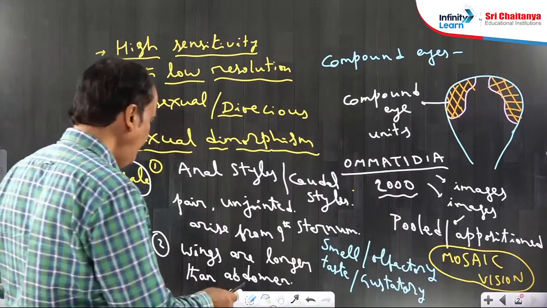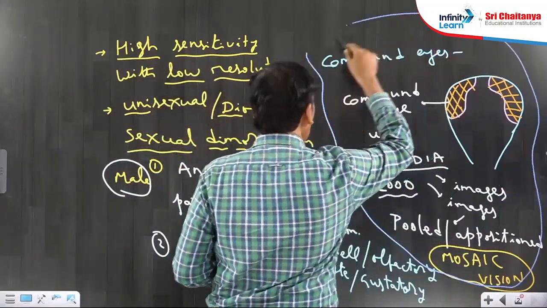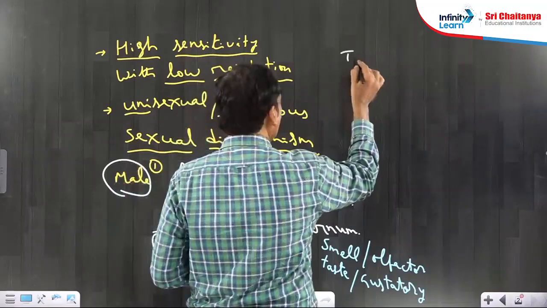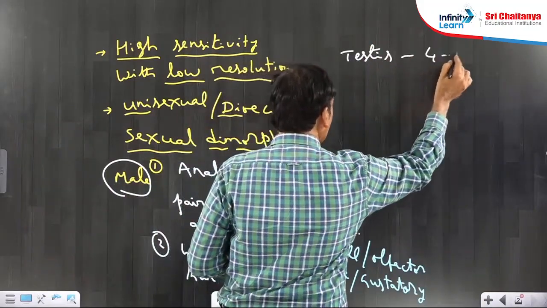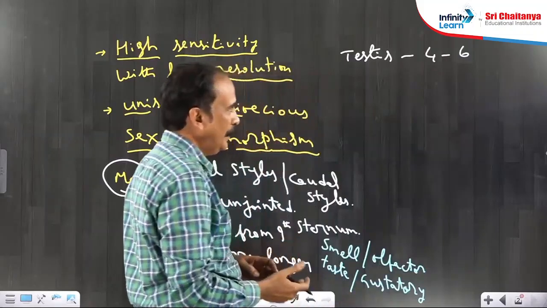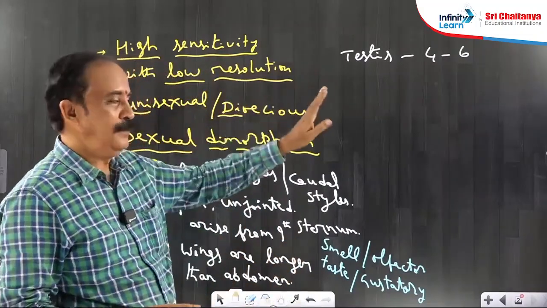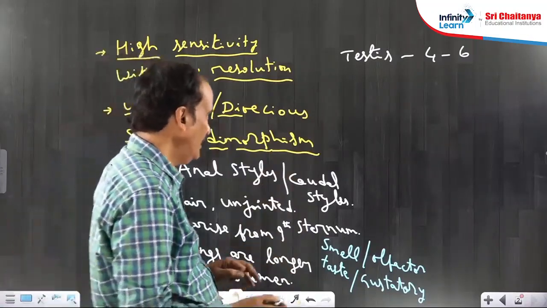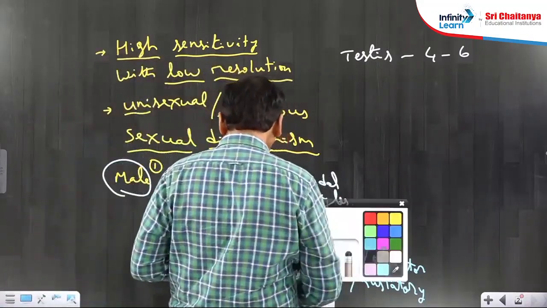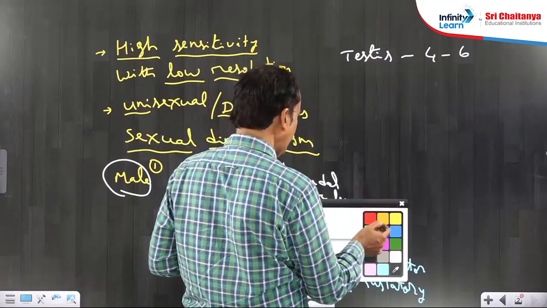Then the details of male reproductive system. Male reproductive system has a pair of testes. Testes are present from the 4th abdominal segment to the 6th abdominal segment, present on the lateral sides of the animal. Testes will give rise to a pair of structures called the vasa efferentia.